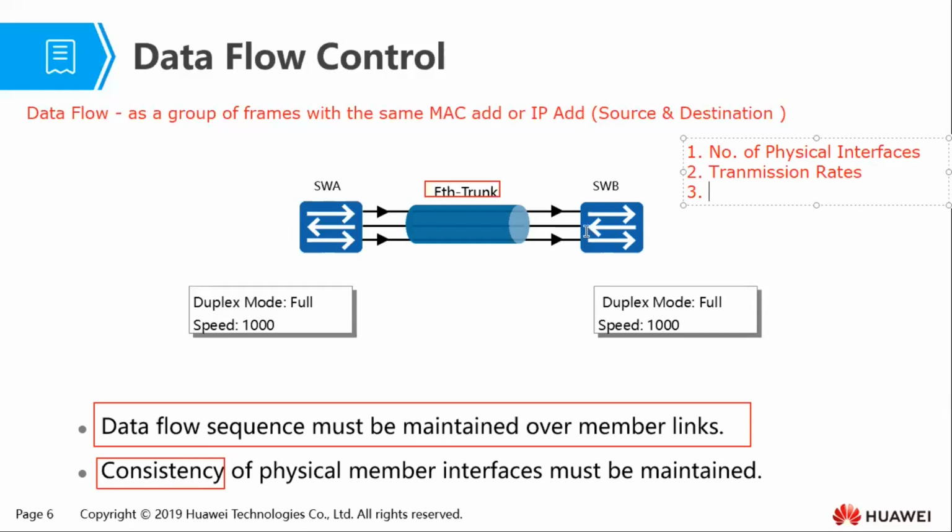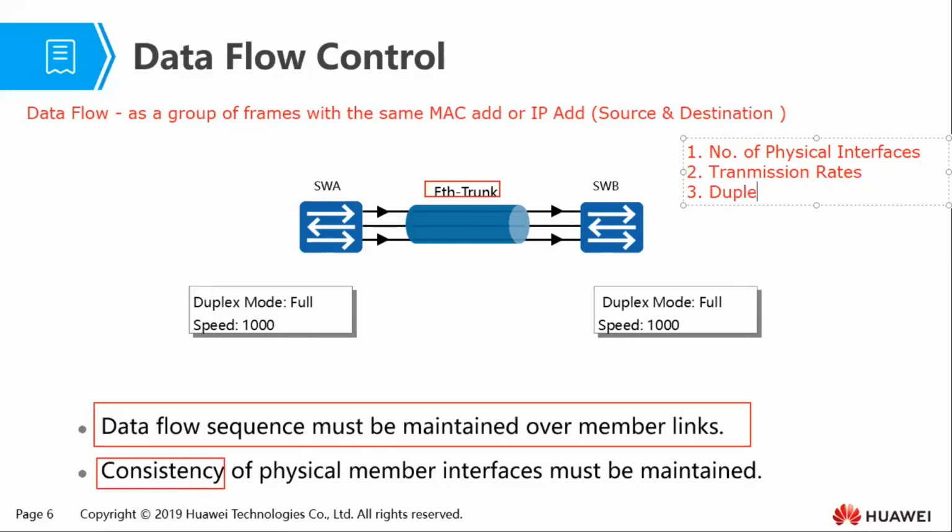If you do that, when switch B is sending to switch A, we will have congestion and frames will be dropped. So the transmission rates of the interfaces that you're adding to the Ethernet trunk must match on both ends.